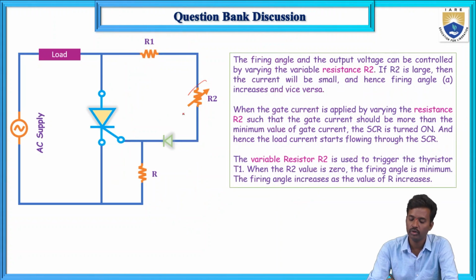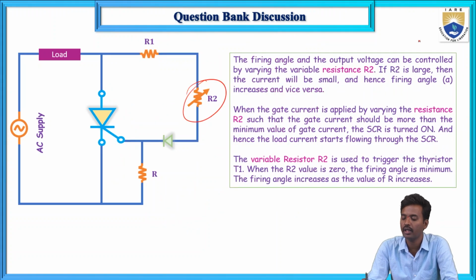And next, what about this R2? Firing angle and output voltage can be controlled by it. So this is for the firing angle, not for the gate current limit. That is done by changing this R2, and if R2 is large, then the firing angle will increase.